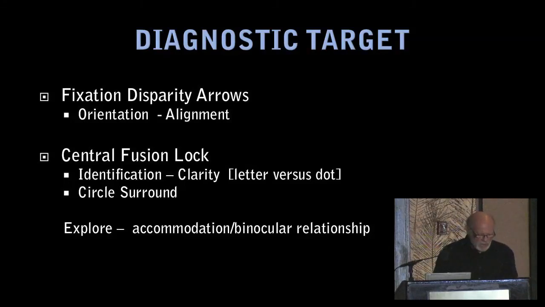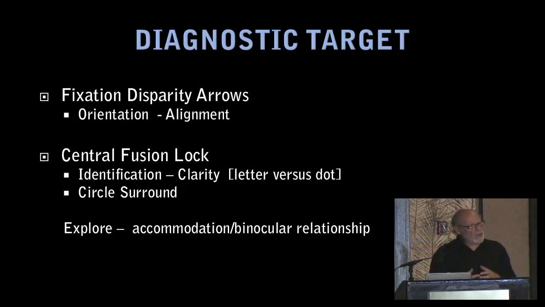The central lock, the E, was what was really, I felt, critical. You see, all the targets that we've used before would often use a dot in the center if they even used a central lock. Well, I didn't feel that the blur is that sensitive to a dot. I felt we needed a better identification target.